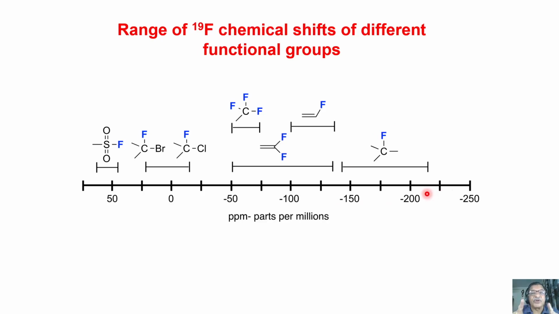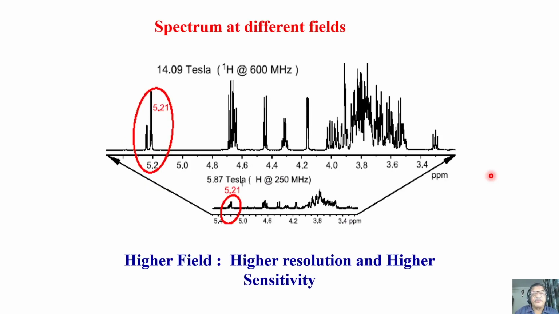Don't ever be under the impression that chemical shifts, when expressed in ppm, will always be positive. It is true in most of the cases, but in some nuclei, if you have a reference like CFCl3, it can even go to negative frequency. It depends upon the references used for different nuclei. So it can come from the negative region, it can come to the positive region, all those things are possible.